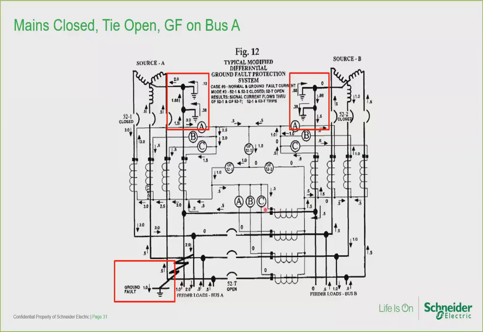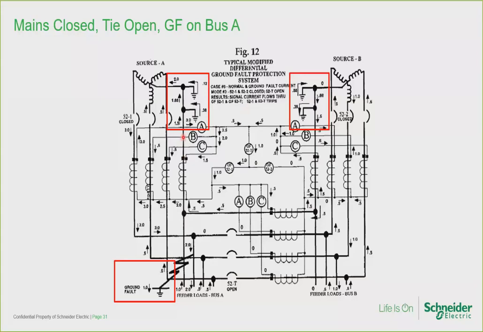The 0.5 per unit ground fault current flowing through the common neutral then turns right, if you will, when it reaches the neutral bus of switchboard A. This 0.5 per unit of ground fault current joins with the 1 per unit of unbalanced load current such that 1.5 per unit of neutral current flows through the neutral CT of main breaker A.